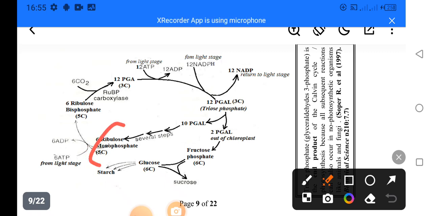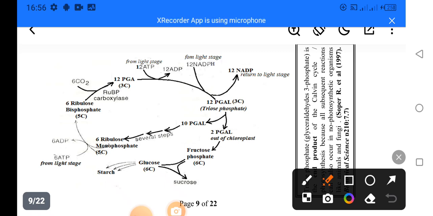One is the 6 ribulose monophosphate, which is a 5 carbon. Then from the light stage, you have 6 ATP and 6 ADP. When they combine with the 6 ribulose monophosphate, it forms what we call the 6 ribulose bisphosphate, which is a 5 carbon.